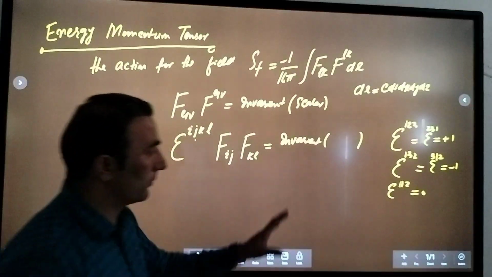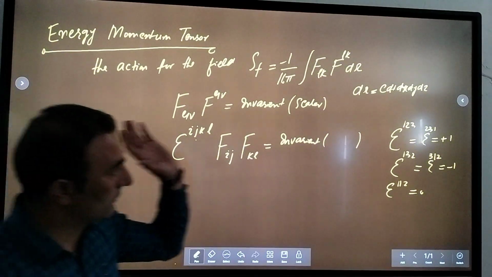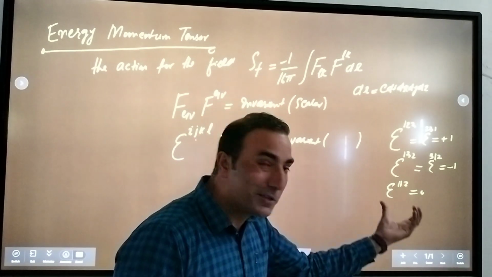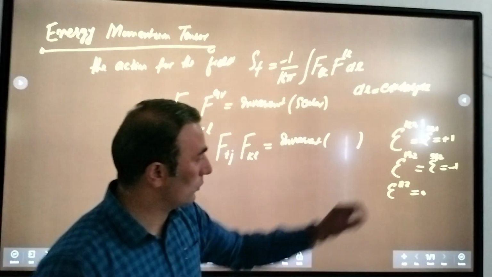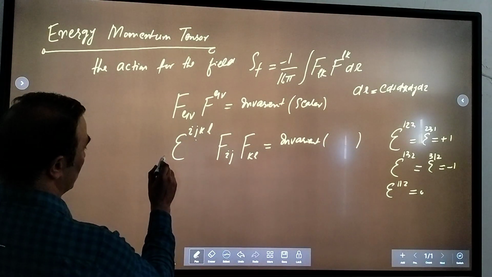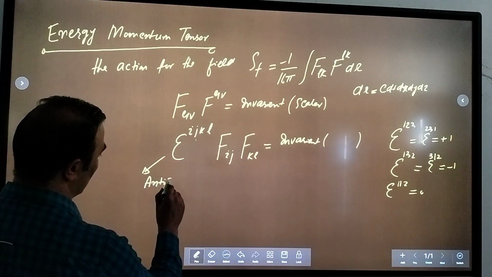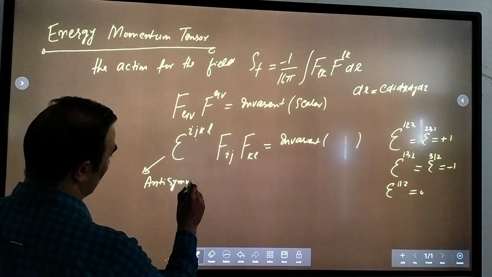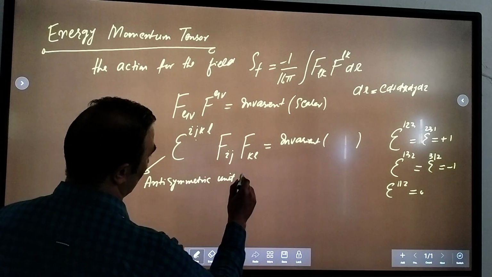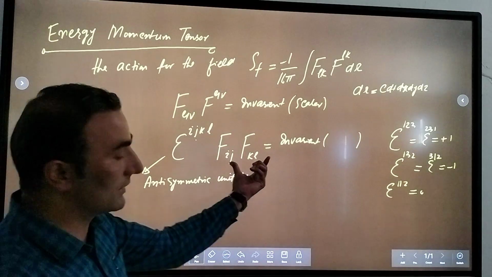So this is the property it has: when there's a cyclic order it will be plus 1, if it is anti-cyclic it will be minus 1, and if there's a repetition of indices its value will be 0. This epsilon is our antisymmetric unit tensor. But this is again a scalar.